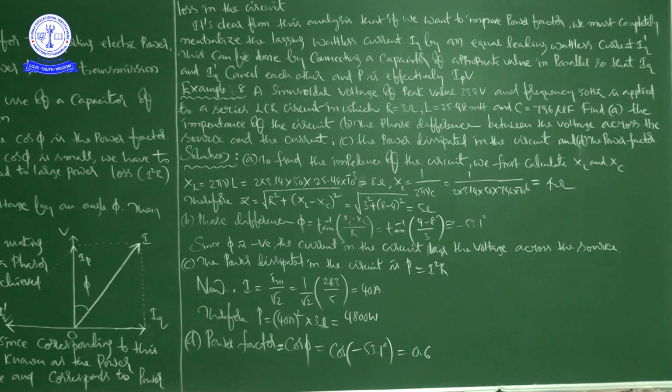To improve the power factor. The conclusion is to neutralize IQ with another IQ dash. So to do that, we have to connect a capacitor of appropriate value in parallel, so that IQ and IQ dash cancel each other, and P is effectively IP into V.